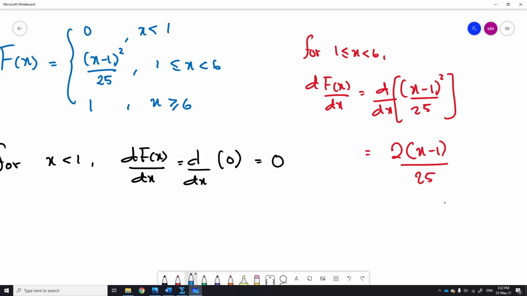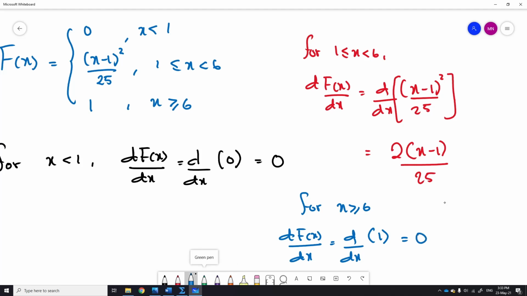Then the next region is x bigger than or equal to 6. dF(x)/dx is equal to d/dx of 1, so we also get 0.